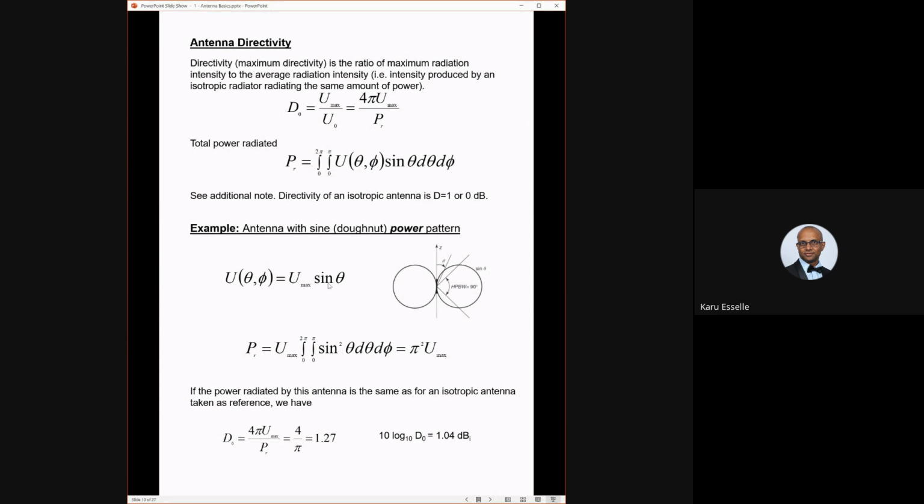U(theta, phi) is this, U max sin theta, and you do the double integration with respect to theta and phi. Theta changes from 0 to pi, and phi changes from 0 to 2 pi.